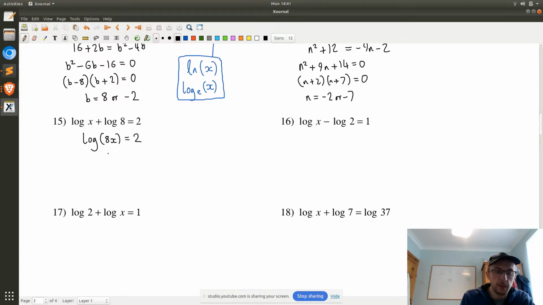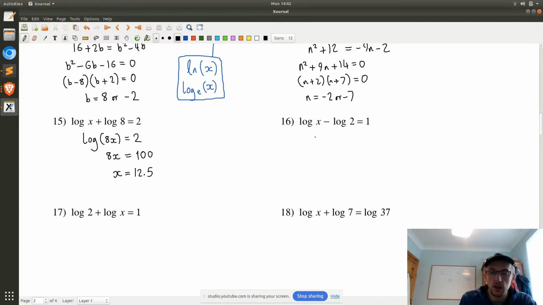If I do 10 to the power of the left-hand side, it just turns back into regular 8x. But 10 to the power of the right-hand side turns into 100. And if 8x is equal to 100, that means that x itself is 12.5.